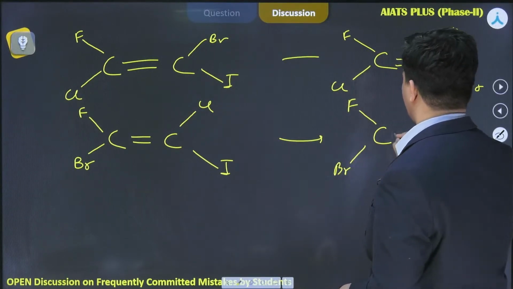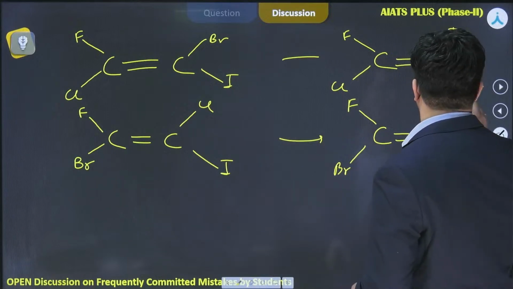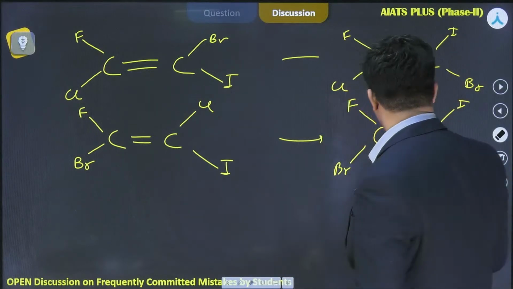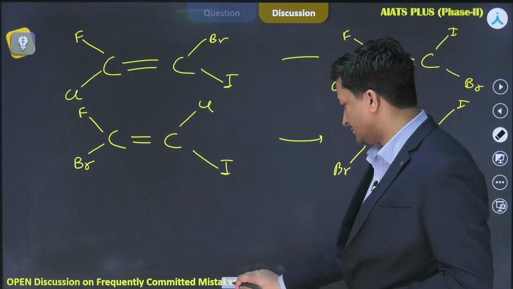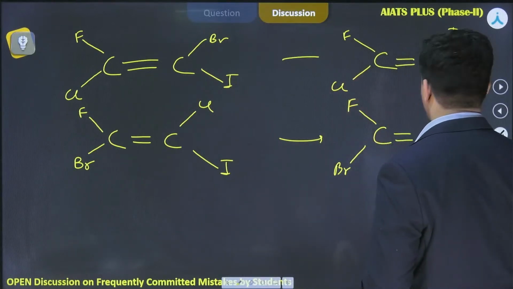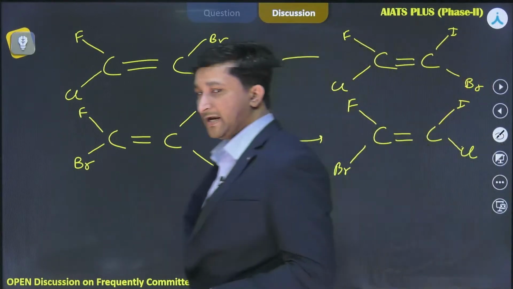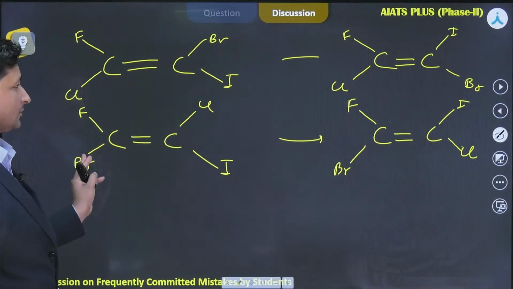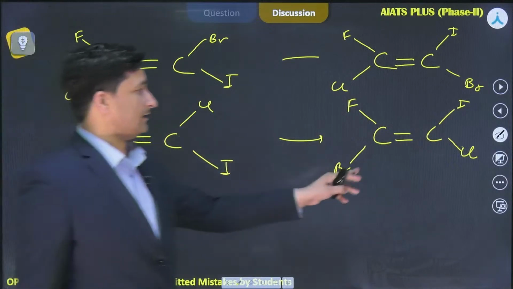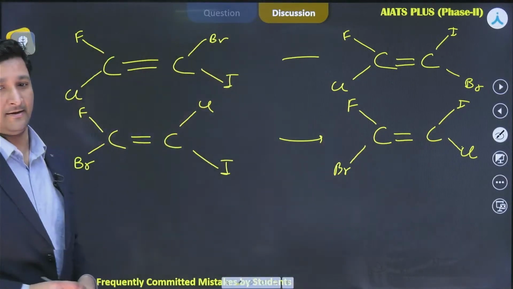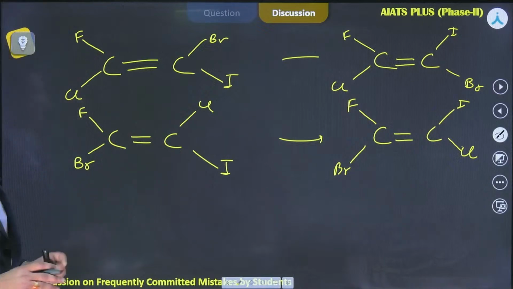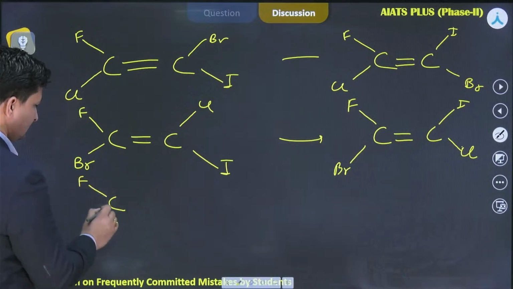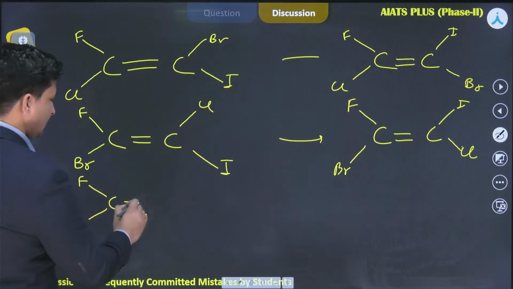So if I have a compound which is like this, here you can see that we have another group. Again you can see that fluorine and bromine are common here, but the distance between fluorine and iodine, and fluorine and chlorine, has changed. Yes, E and Z we call. So Parnika is saying 4. But let's bring iodine this side.